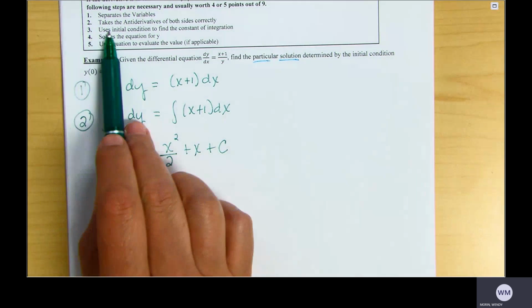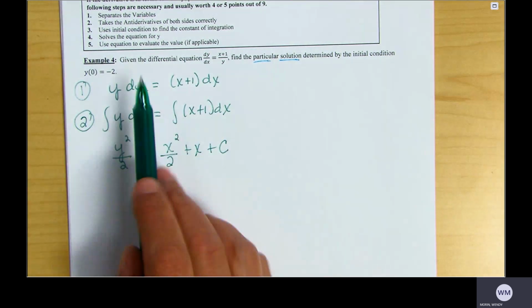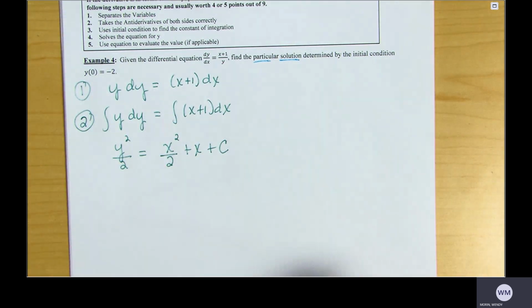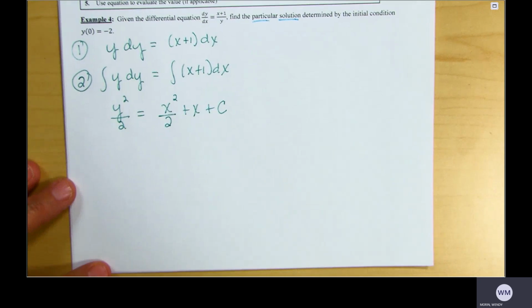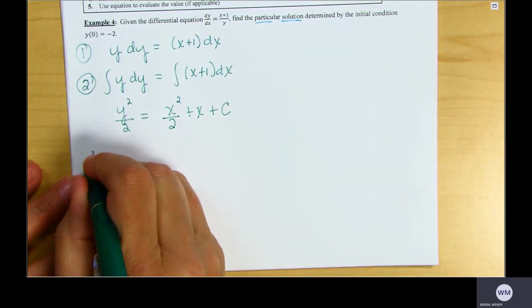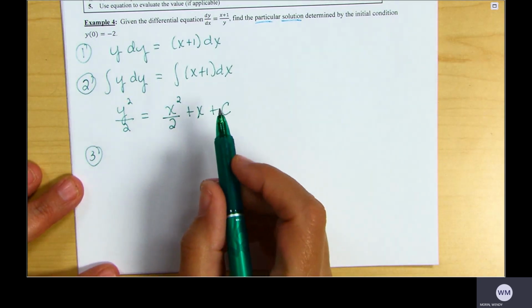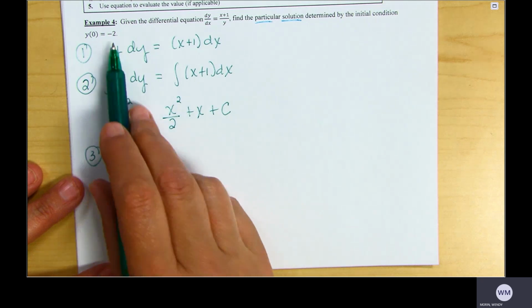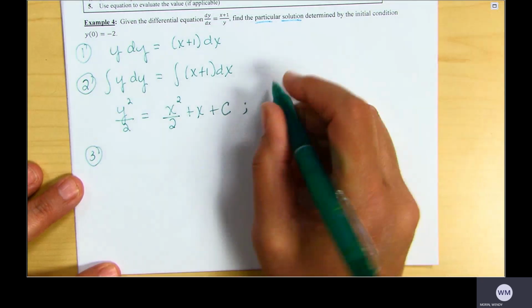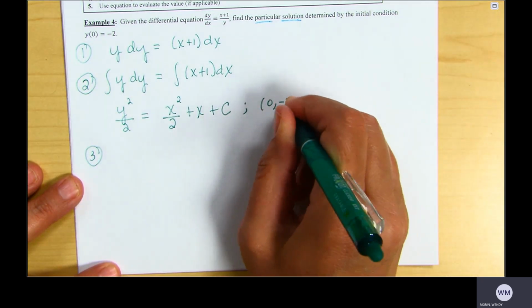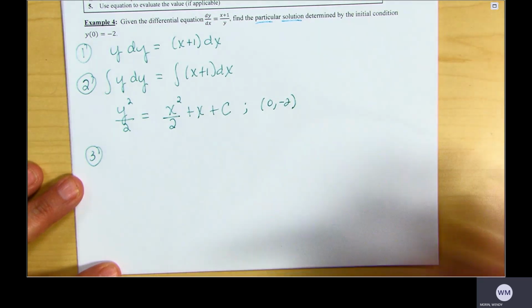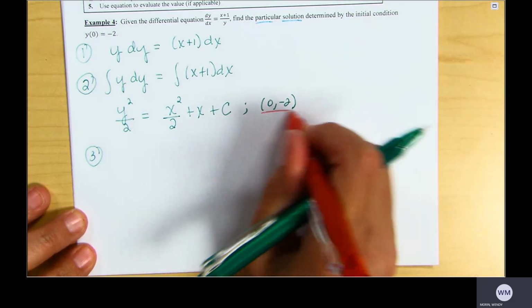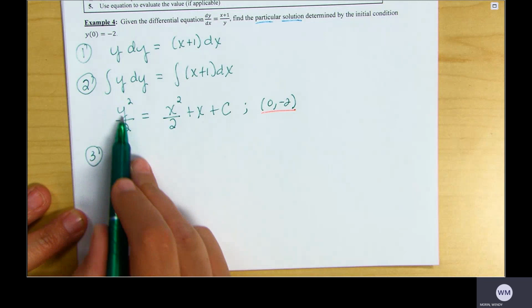Okay, it says use the initial condition to find the constant of integration. I'm just going to go with this because, again, I guess most of you do it this way anyway. So we'll go with your method. All right, what are we given? We are given when x is equal to 0, y is negative 2. That's what we're going to plug in into here.